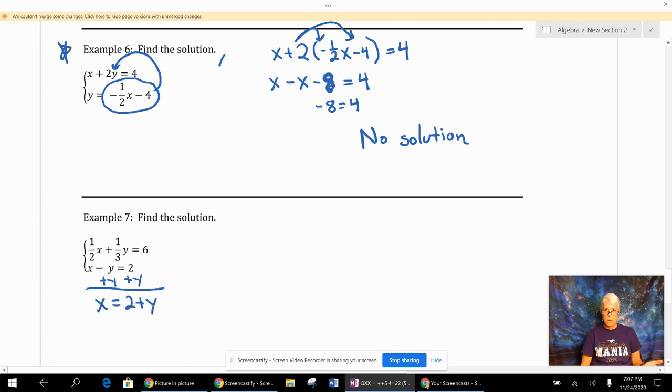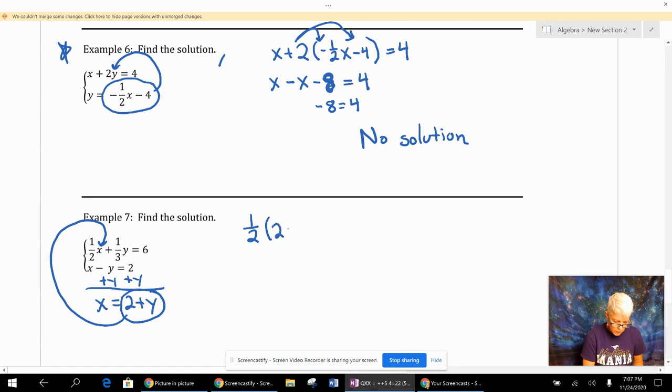Now we have to substitute this expression all the way in there. I'm not going to finish the problem out, but I do want to show you what it looks like. I know your time is valuable, but now you have to just work that out.